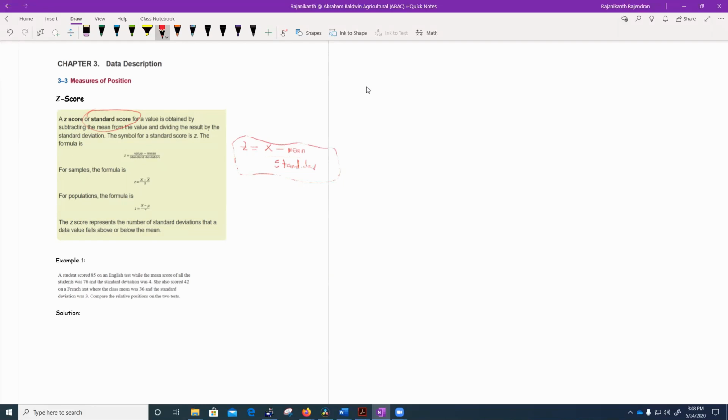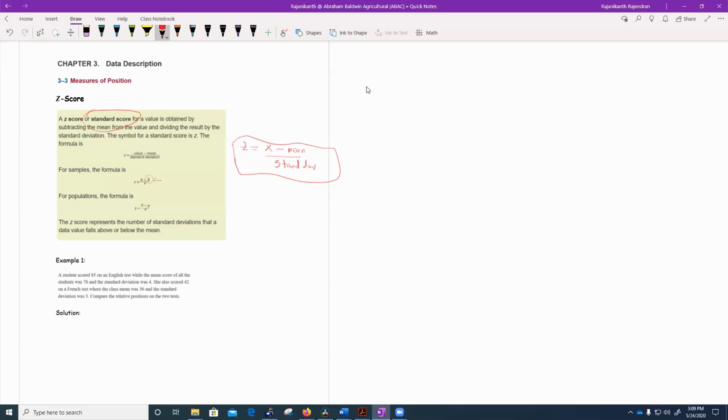Right. So this z-score can be applied in either samples or populations. If it is a sample problem, then your mean is going to be your sample mean, so we use x bar. You take the difference of the original data value and the sample mean, then divide by the sample standard deviation, little s, right?